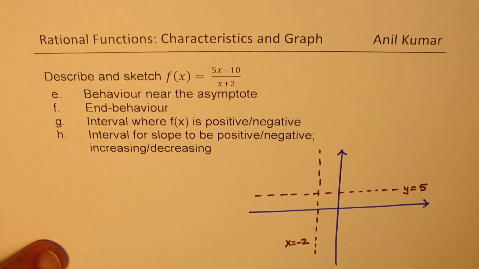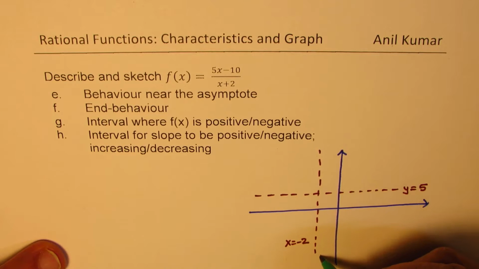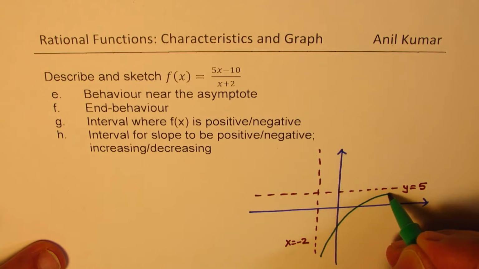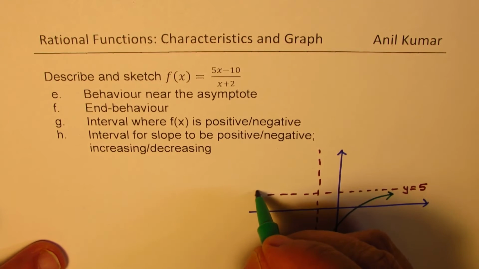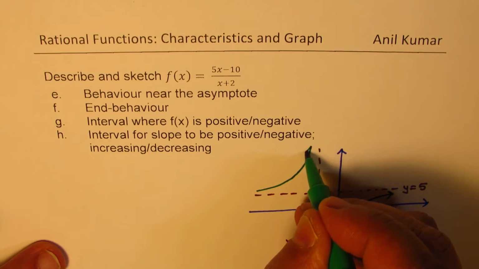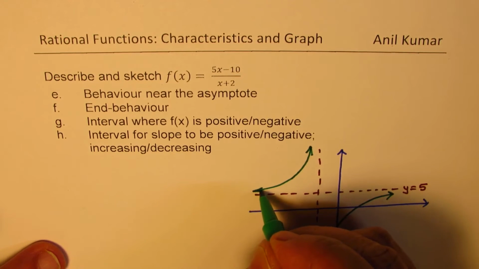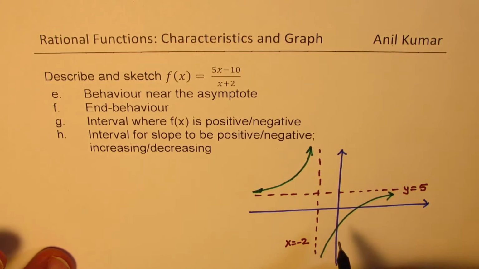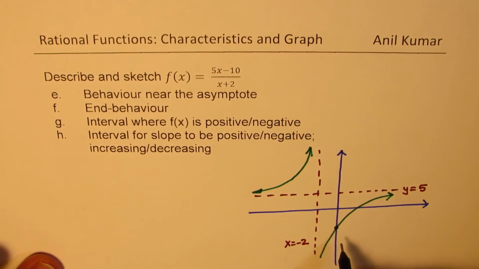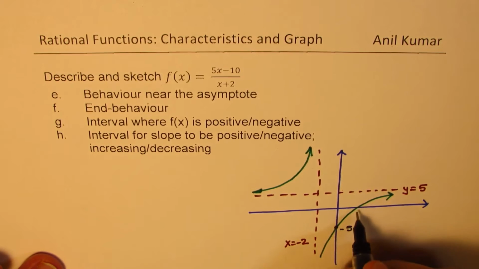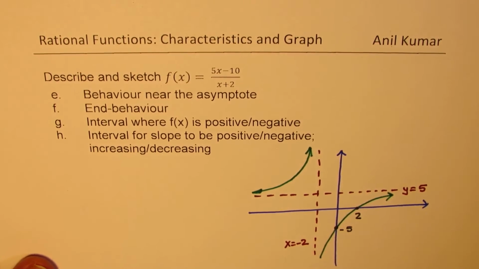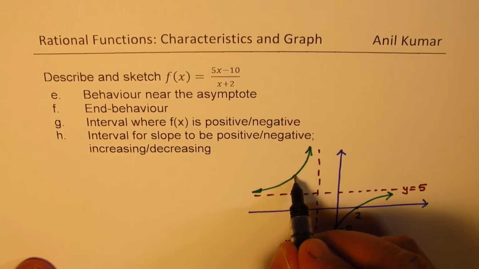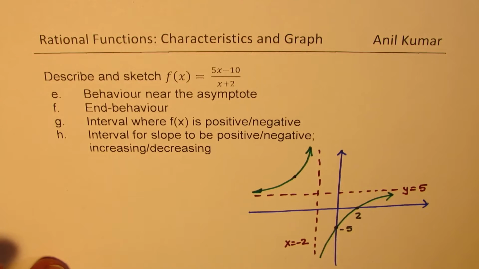The graph goes through like this, and this. Some critical points which we found were the y-intercept, which was at -5, and the x-intercept, which was at 2. And we did find a point here which was positive. Perfect. So that is what we have got so far.